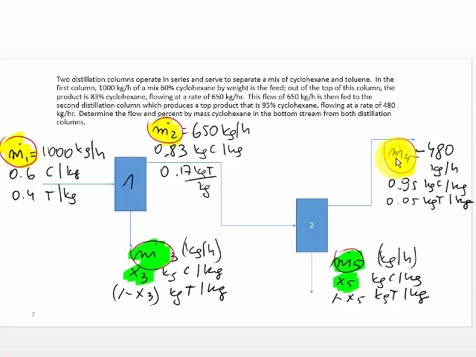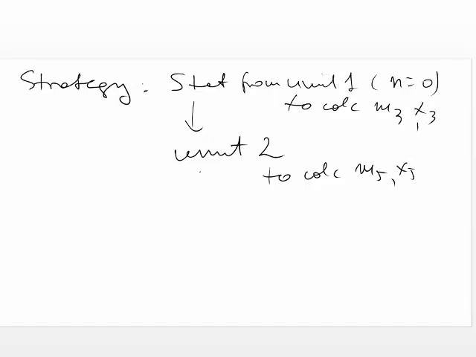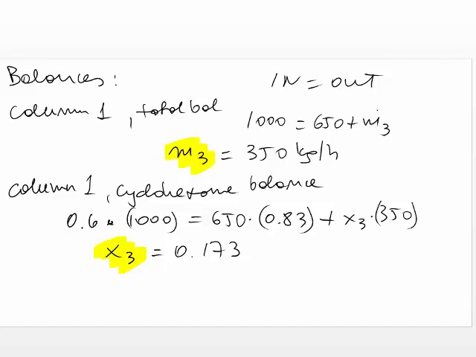It is equal to 480 kilograms per hour. Because N is equal to 0, our strategy is to start from unit 1, distillation column 1, where we can calculate M3 and X3. Then we go to unit 2 to calculate M5 and X5.